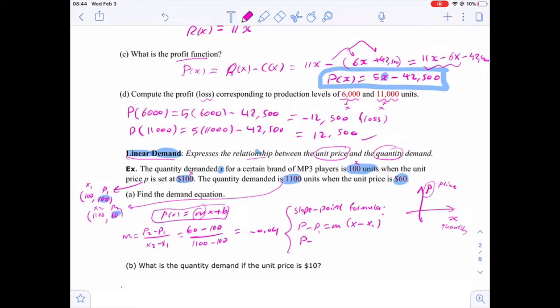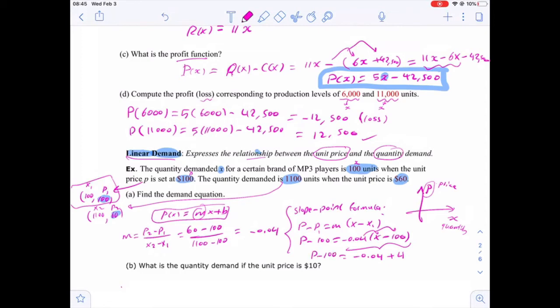Now p minus p1. What is p1? p1 is 100, equals the slope, negative 0.04, times x minus x1. x1 is 100 from the first point here. Good. And then we solve for p. To simplify the right hand side, we distribute negative 0.04 into the parentheses, and we get negative 0.04x plus 4.